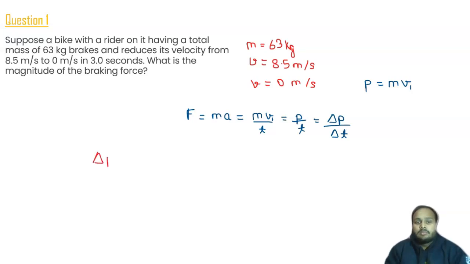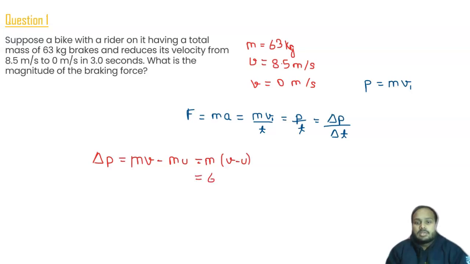Okay, let us first calculate the change in momentum in this case. So del p will be equal to, we have mass as 63, into v minus u, we will do final minus initial momentum. To understand, m into v minus m into u, which will be equal to m into (v minus u).